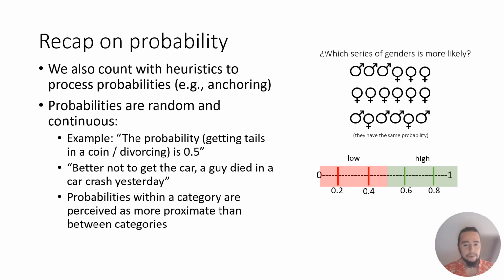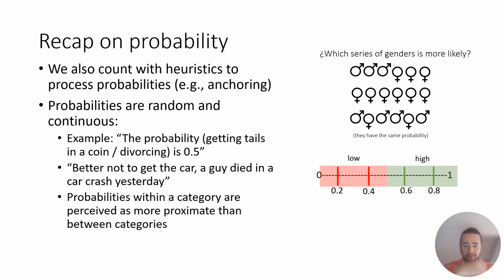These heuristics are a fascinating field of research, and we can create really simple illusions, like this one, where many people would say that from these three series of genders of babies, the third one would be the most likely because it appears to be more random than the second one or the first one, when they are basically equal because they are independent events.